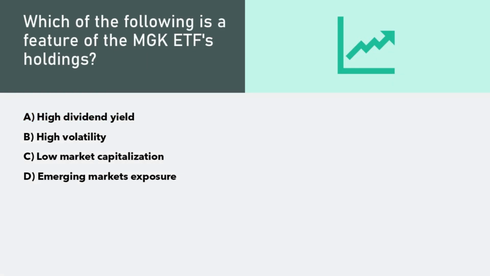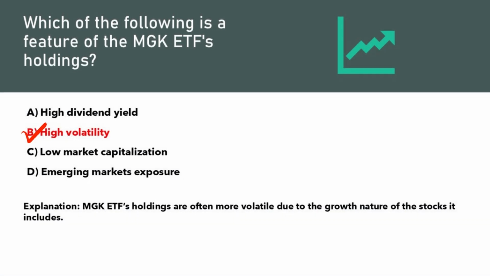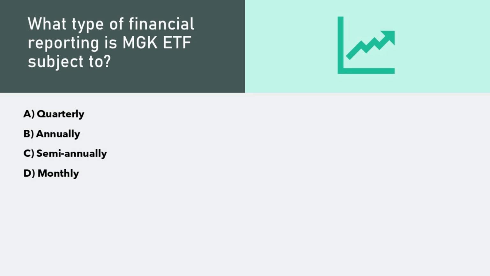Which of the following is a feature of the MGK ETF's holdings? Answer: B. High volatility. Explanation: MGK ETF's holdings are often more volatile due to the growth nature of the stocks it includes. What type of financial reporting is MGK ETF subject to?